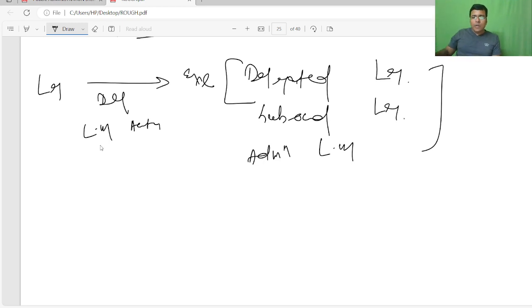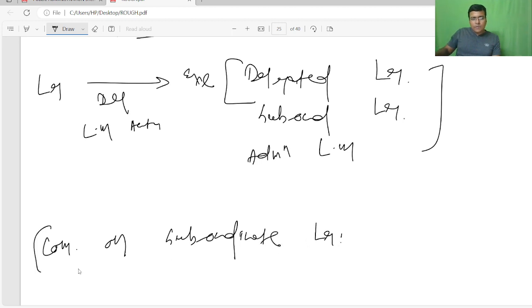So there was a committee. What committee? Committee on Subordinate Legislation. So what does this committee do? Look, subordinate legislation is nothing but delegated legislation, and there is a Committee on Subordinate Legislation.